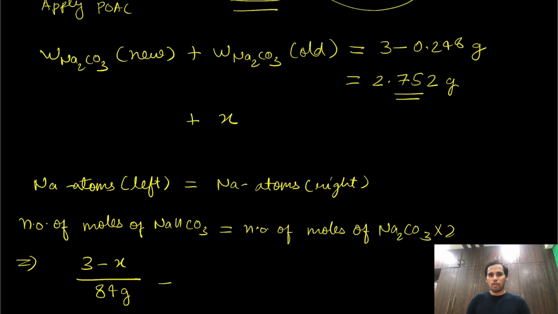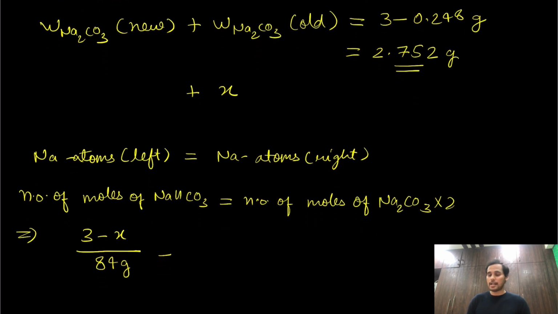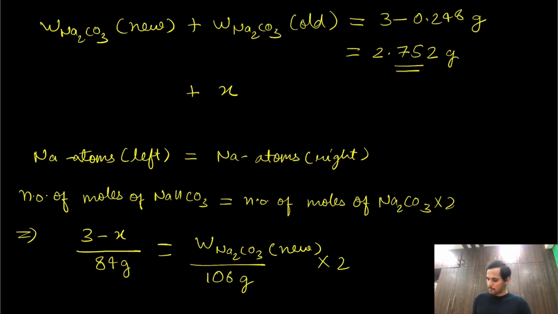And what about the number of moles of Na2CO3? Now if we are talking about Na2CO3, for the number of moles we have to find the weight. That is the very weight we want to find, what weight of Na2CO3 has been formed, that is the new Na2CO3, divided by its molar weight, that is 23 into 2, 46, 46, 58, and 58 and 3 into 16, that is 48, gives us 106 grams, multiplied by 2.